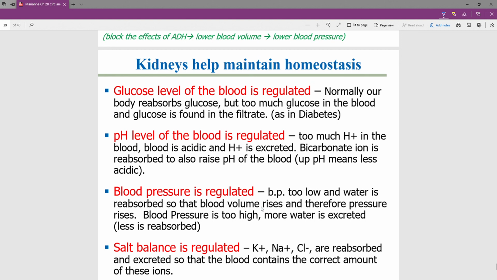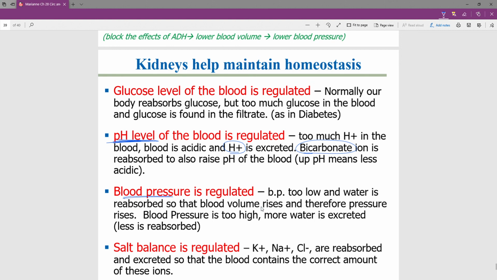The other way that kidneys can help maintain homeostasis is in pH level. When I talked about what is being secreted and reabsorbed, I talked about the hydrogen ions being secreted and the bicarbonate ions being reabsorbed. Those levels can be tweaked to maintain the pH level of your blood. The next way is blood pressure.